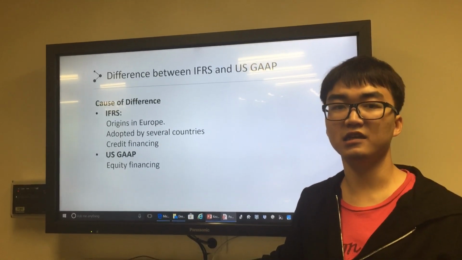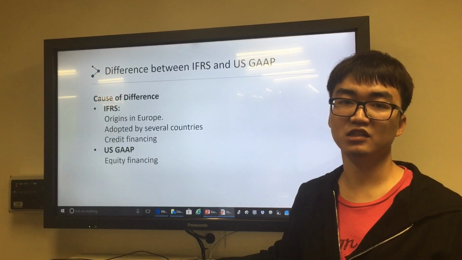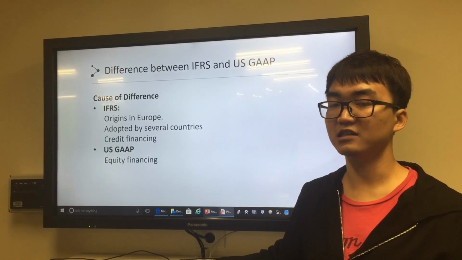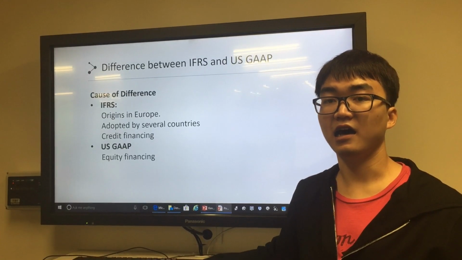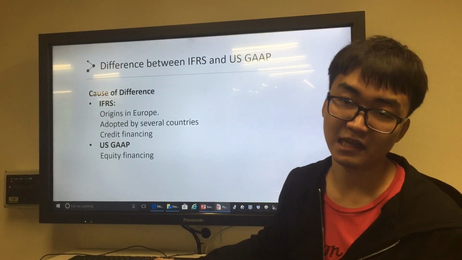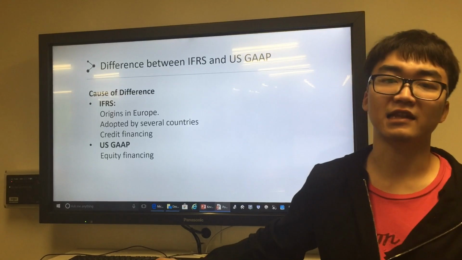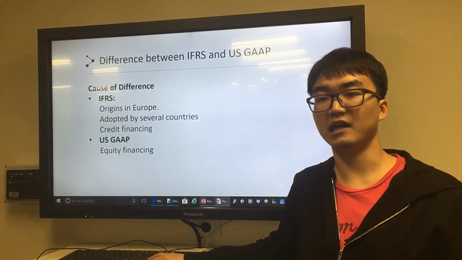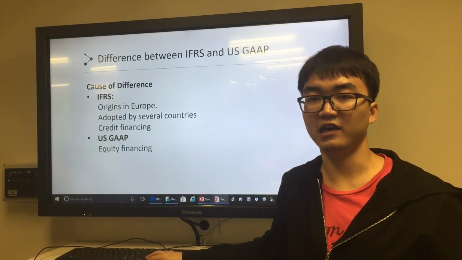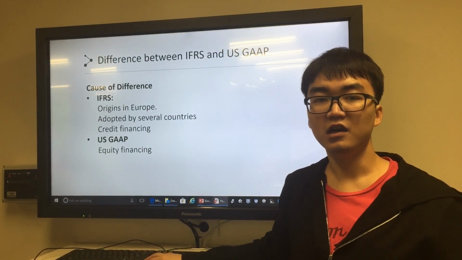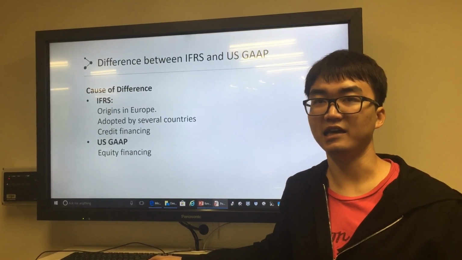That's why IFRS is more principled and flexible. US GAAP, on the other hand, was made as common, detailed, and specific financial reporting standards to provide comparable financial information for their domestic capital markets.